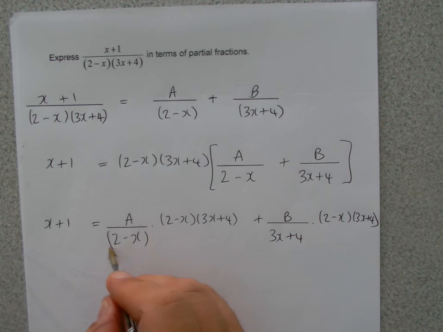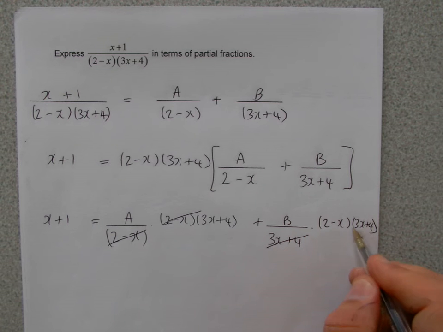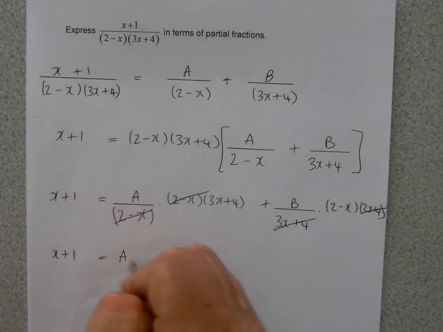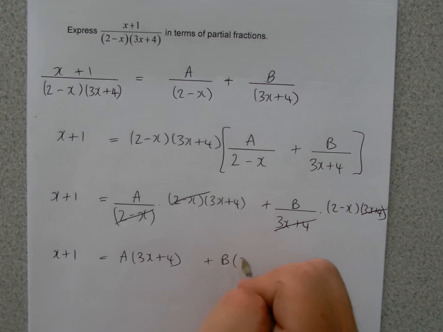Now the 2 minus x's will cancel here, and then the 3x plus 4 will cancel with that 3x plus 4, so I'm left with x plus 1 equals A, bracket 3x plus 4, plus B, 2 minus x.